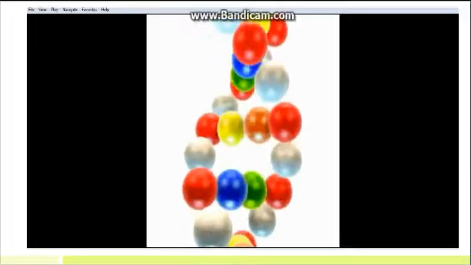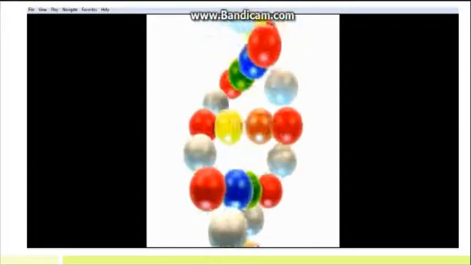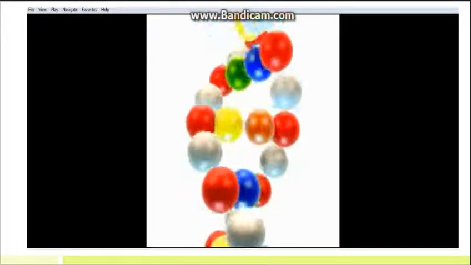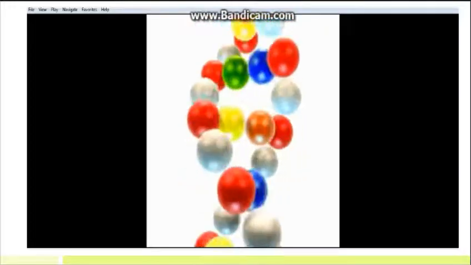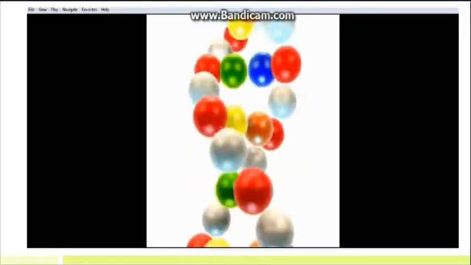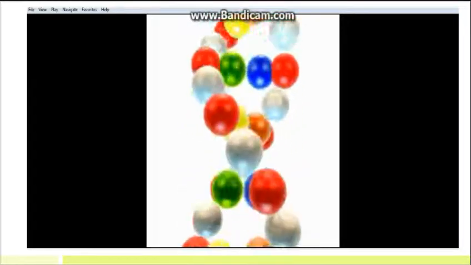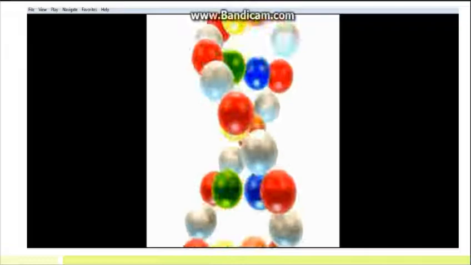This animation illustrates the three-dimensional nature of DNA. The red and white balls represent the molecules that make up DNA's backbone, while the other balls represent the nucleotide bases. Green represents cytosine, blue represents guanine, yellow represents adenine, and orange represents thymine. These nucleotide bases link together with hydrogen bonding, holding the two strands of the double helix together.